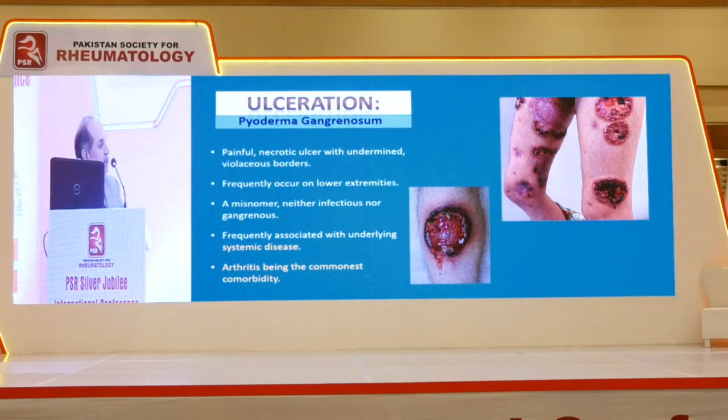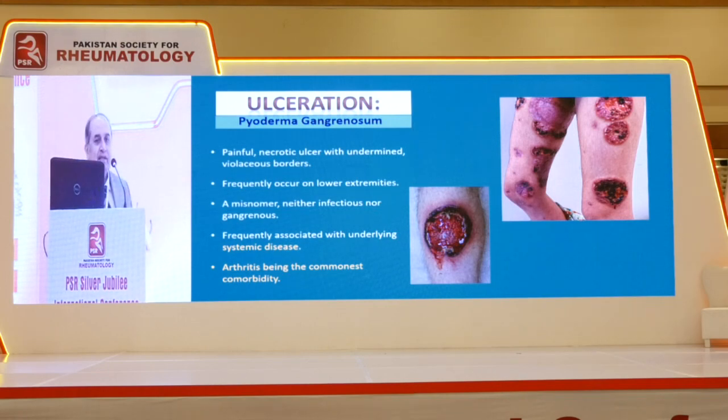So we must be able to recognize this, and when a patient presents to us with these lesions, it is important to investigate the patient for rheumatic diseases, besides so many other underlying conditions like hematological malignancies, solid malignancies, hepatitis B and hepatitis C. But we must be able to recognize the characteristic features so that we can easily diagnose clinically.